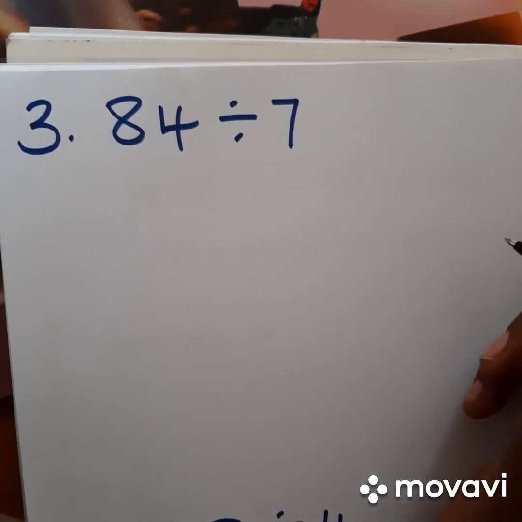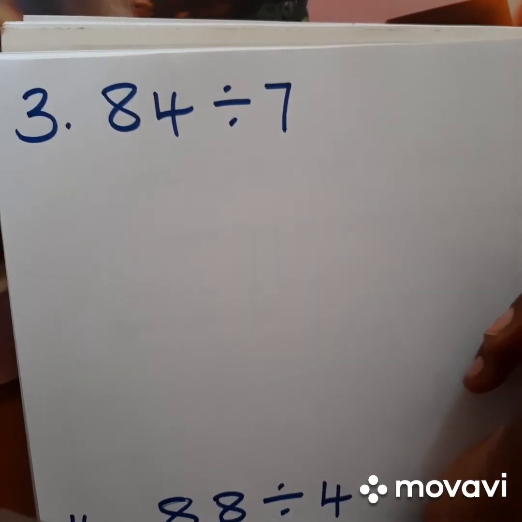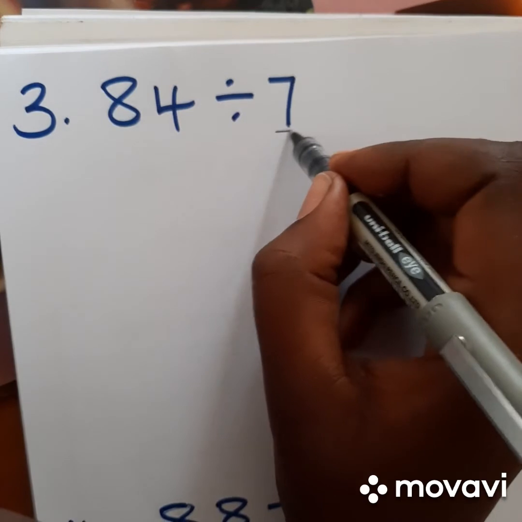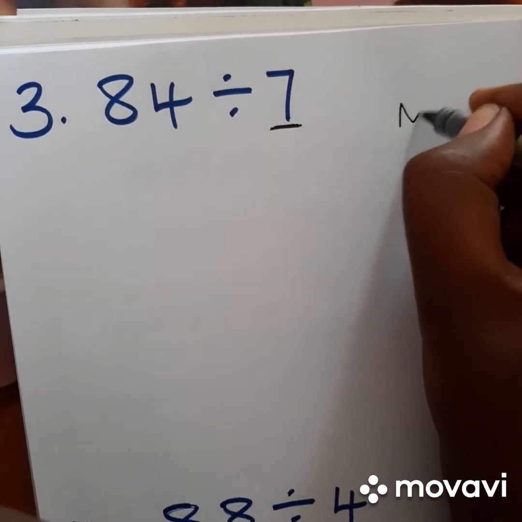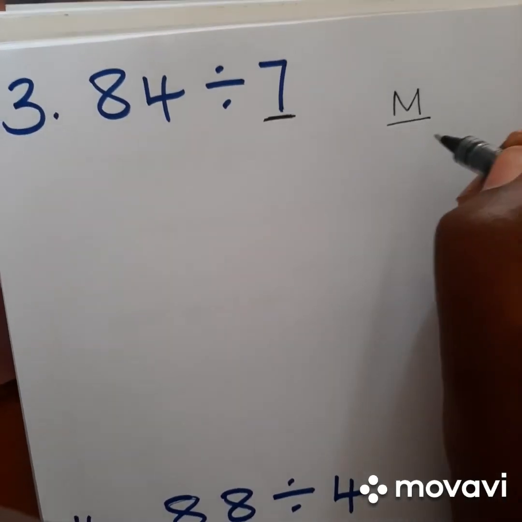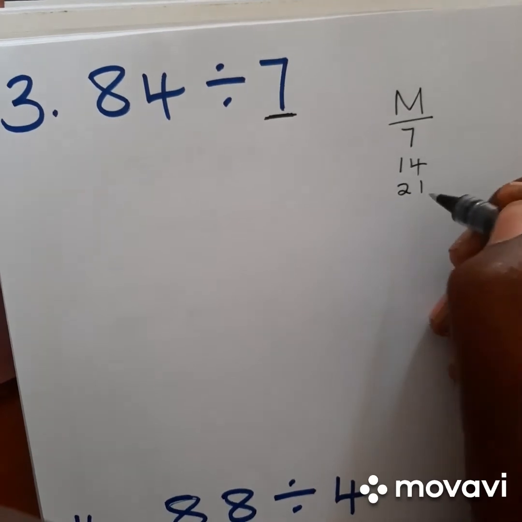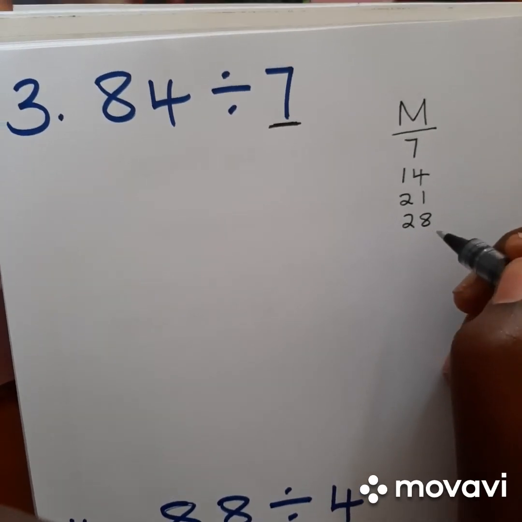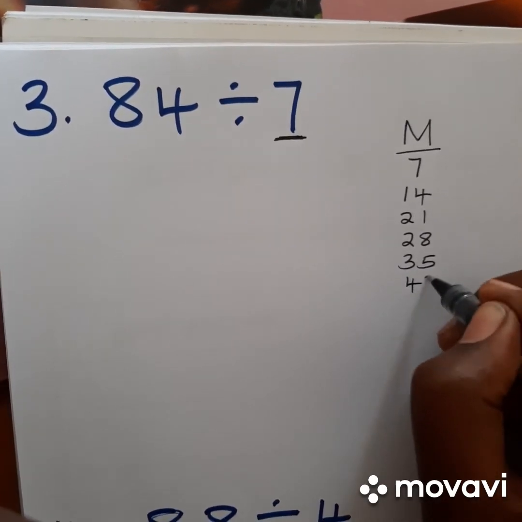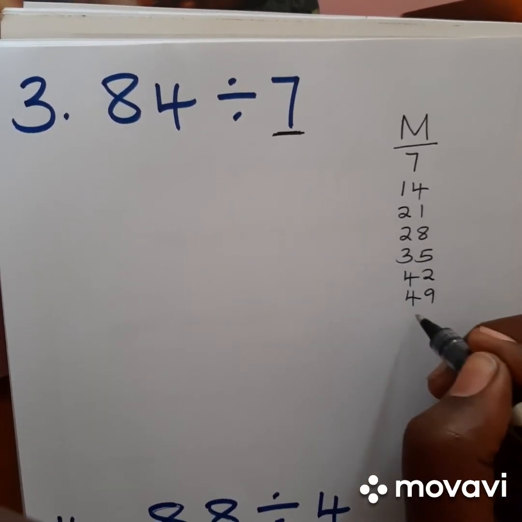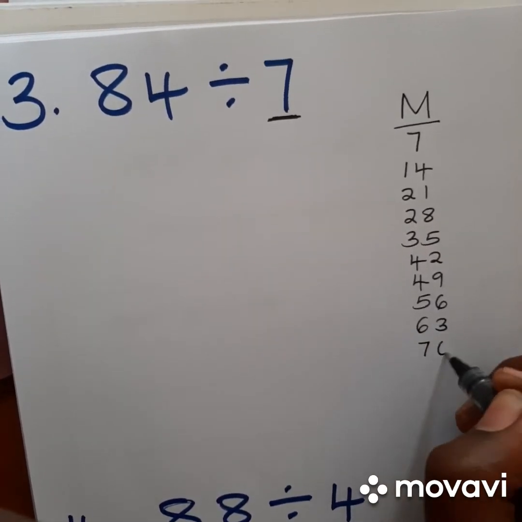So our third example is 84 divided by 7. In this case, you need to know the multiplication table of 7. So we write the multiples of 7 here, the 10 of them. So it will be 7, 14, 21, 28, 35, 42, 49, 56, 63, and 70.